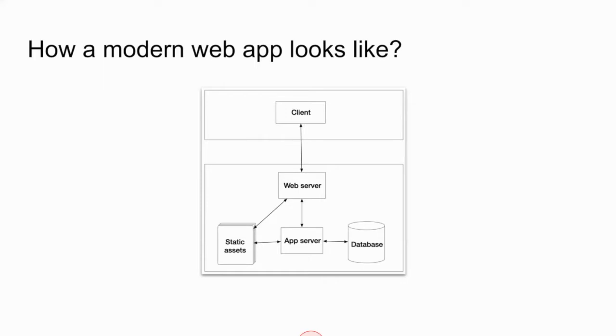So, I guess a lot of you would have done your engineering internship, or if you are in the session, probably you are interested in software engineering. So you might have a vague idea of what a modern web app looks like.